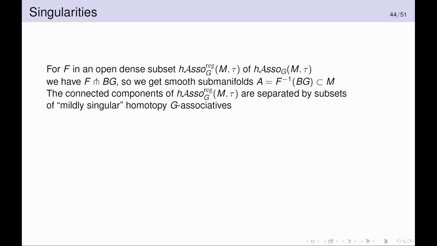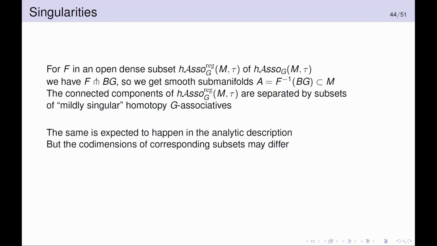There will be more severe singularities in higher codimensions, which we would have to study if we were interested in higher homotopy groups of this associative space. But let's stick to the codimension 1 case, that's tricky enough. Actually, the same happens in the analytic description, but the codimensions of the singular sets might differ. And I'll give you an example for this in a moment.